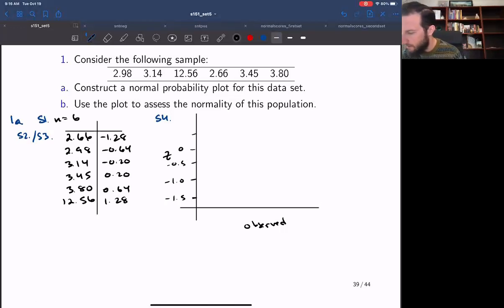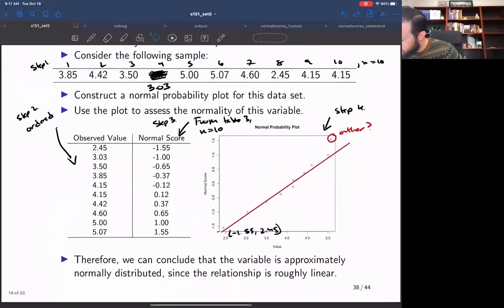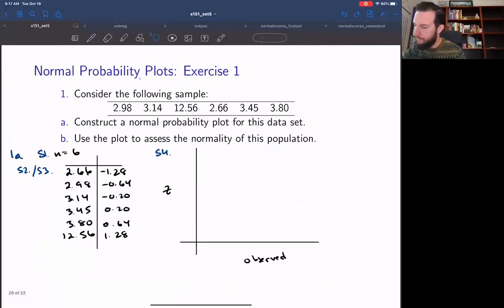Actually, 1 second. I'm going to draw this a little differently. Okay, no, that's fine. I'll just keep it the way it is.